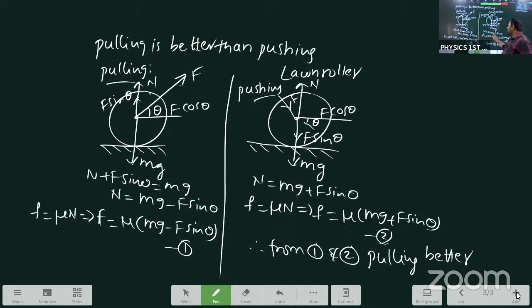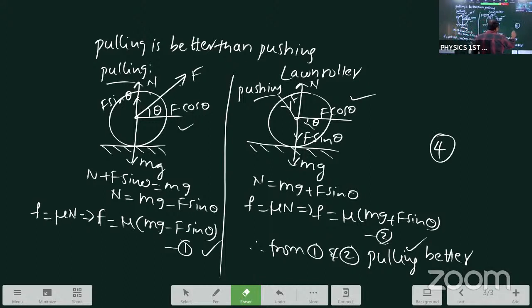Normal reaction, frictional force, frictional force. 1 mark here, 1 mark here, 1 mark here, 1 mark here. Total 4 marks from these 4 steps. That's why pulling is better than pushing in the case of a lawn roller. This is the 3-star question from laws of motion.